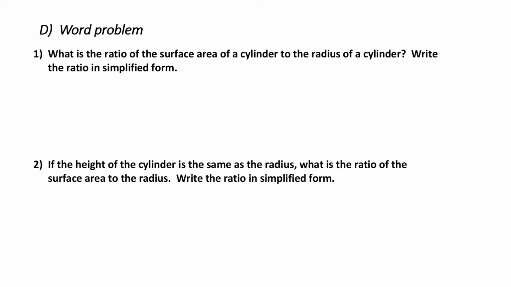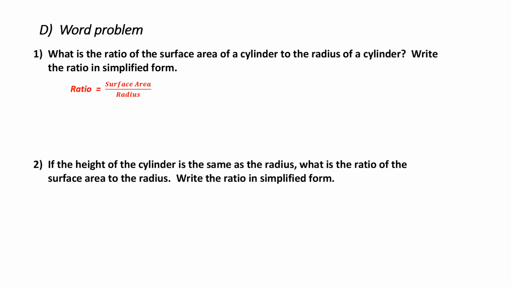First, we want to know what the ratio is. Well, what is a ratio? A ratio is when we divide. It tells us how many times larger or smaller something is. So it says the ratio of the surface area to the radius. That means that surface area is going to go in the numerator.